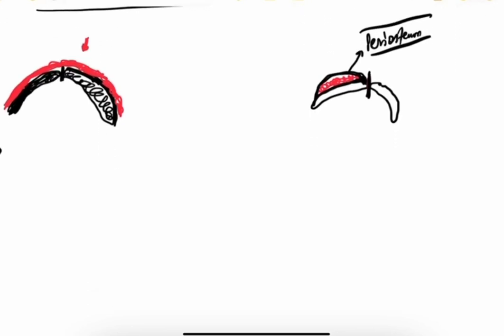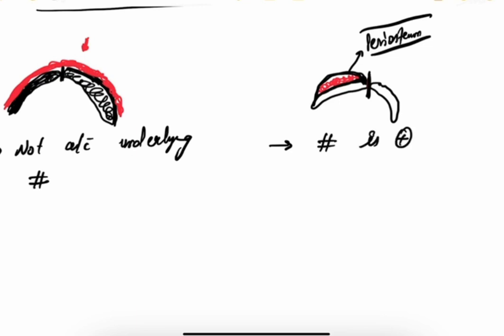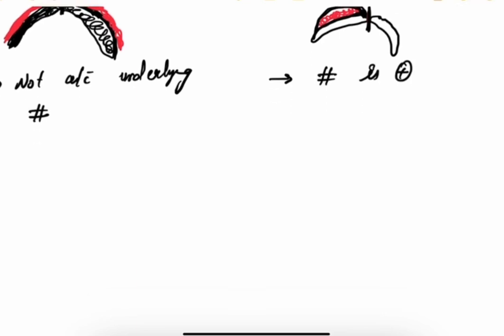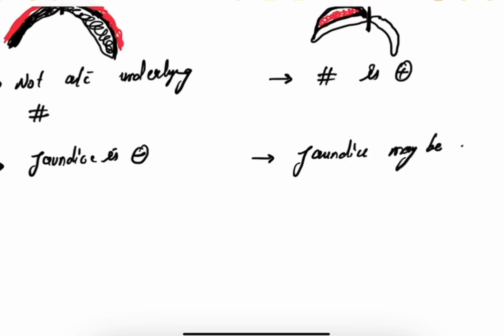Caput succedaneum is not associated with underlying fracture, but in case of cephalhematoma, fracture may be present. Jaundice is absent in caput succedaneum, while in cephalhematoma jaundice may be present.